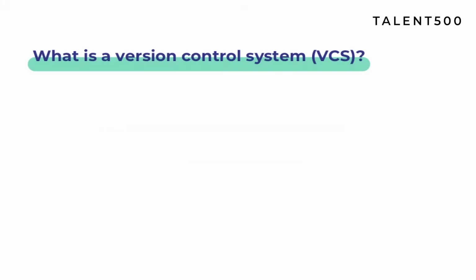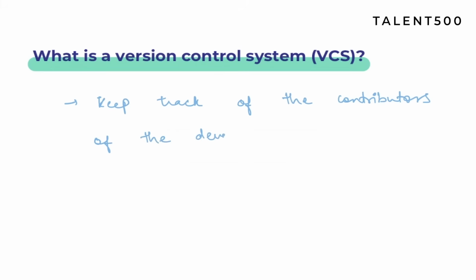So what is the sole purpose of your version control system? So that we can keep track of the contributors, the developers working as a team on the project.